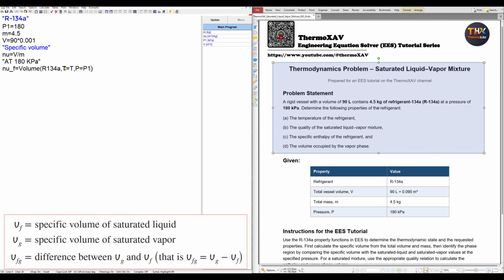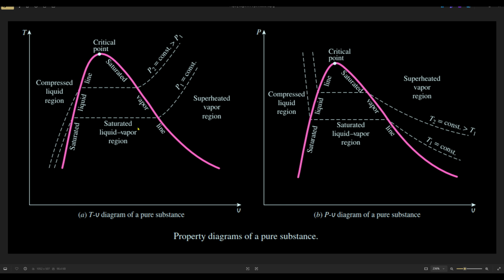But here, because we are working in this saturated region, now I'm going to find the specific volume for the fluid, at this point. At this point, the quality of this liquid is 0, according to the definition of X or quality.